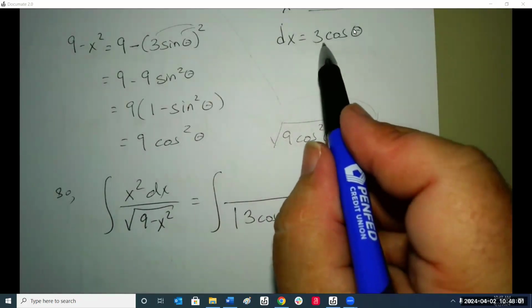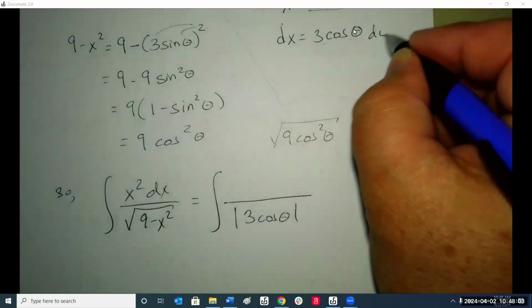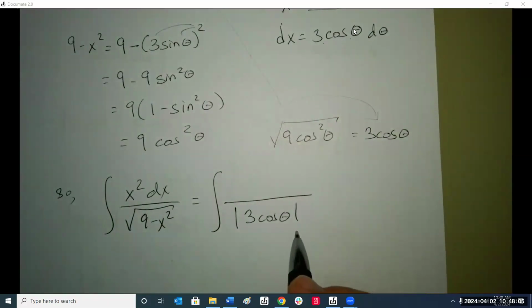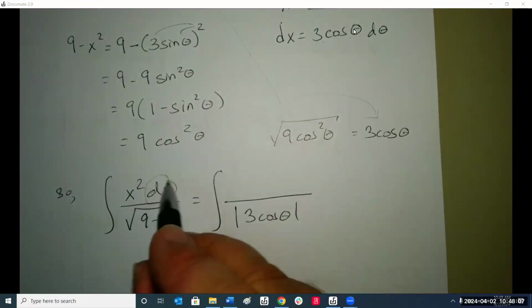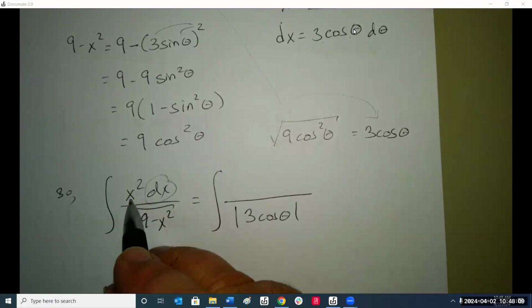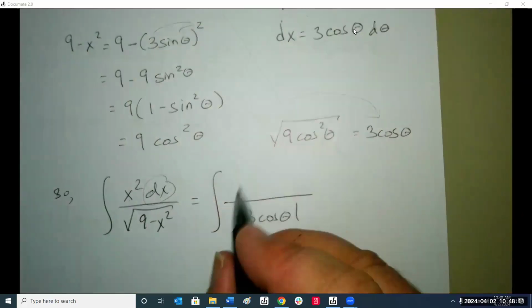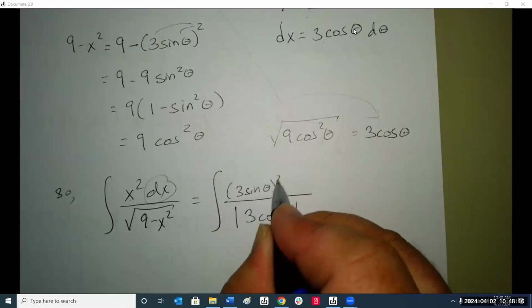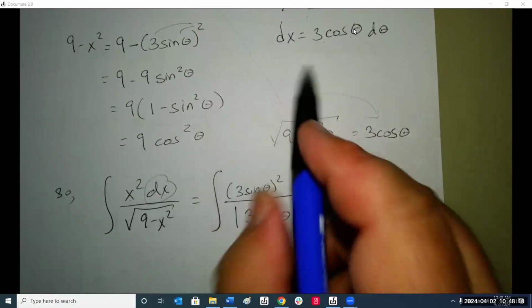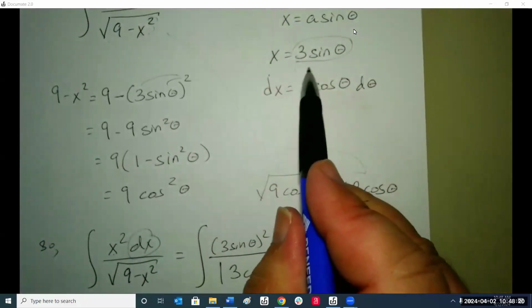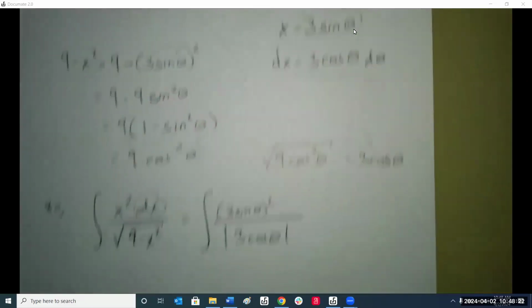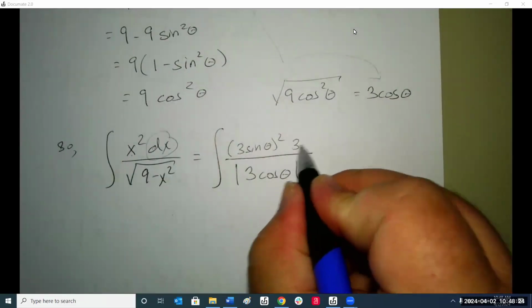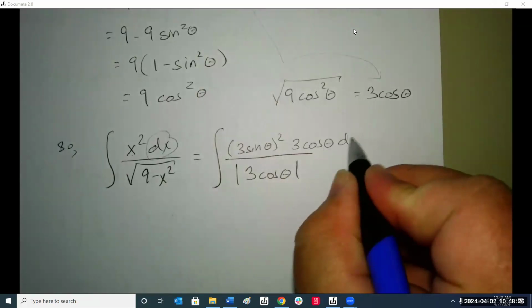dx is 3 cosine theta d theta. So that's what dx is. So x squared would be 3 sine theta squared, and dx is 3 cosine theta d theta.